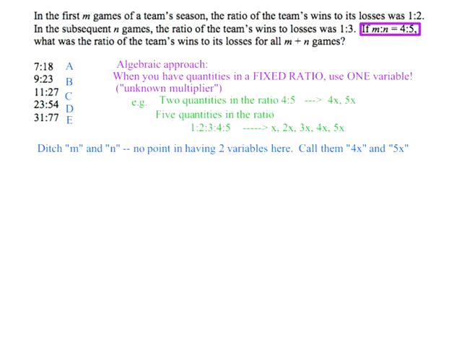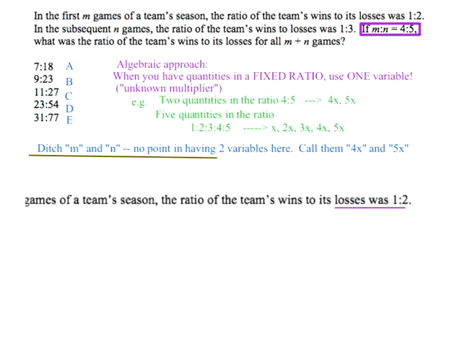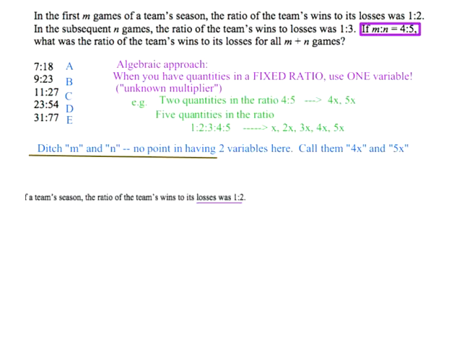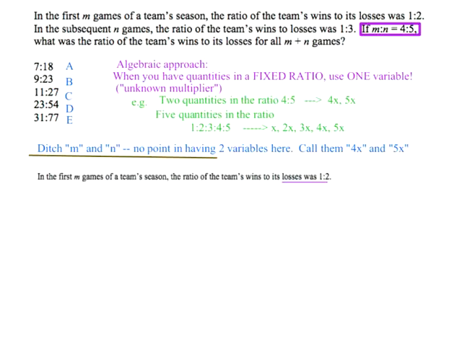Okay, so now make sure you know how to get from ratios to overall fractions. So here's the first part of the problem. In the first M games of the season, the ratio of the team's wins to its losses was 1 to 2.